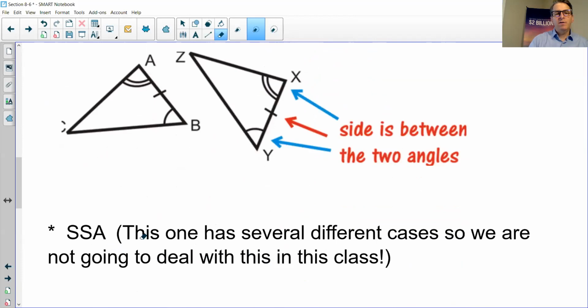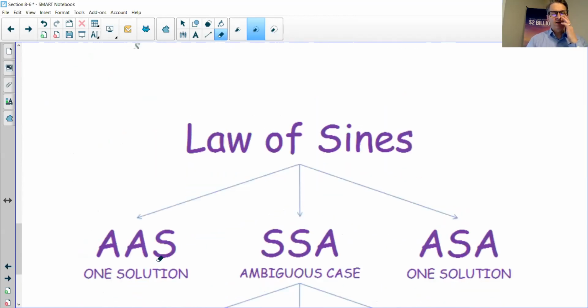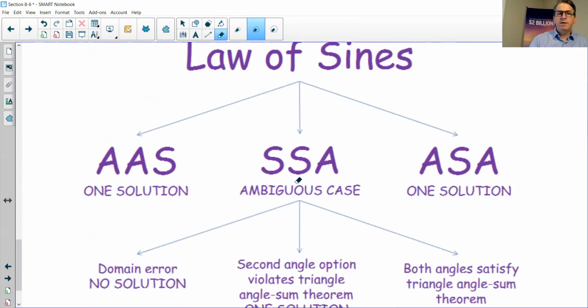Side, side, angle has several different cases, so we are not going to deal with this in this class. Angle, angle, side has one solution, and angle, side, angle has one solution. Side, side, angle is an ambiguous case with multiple options.